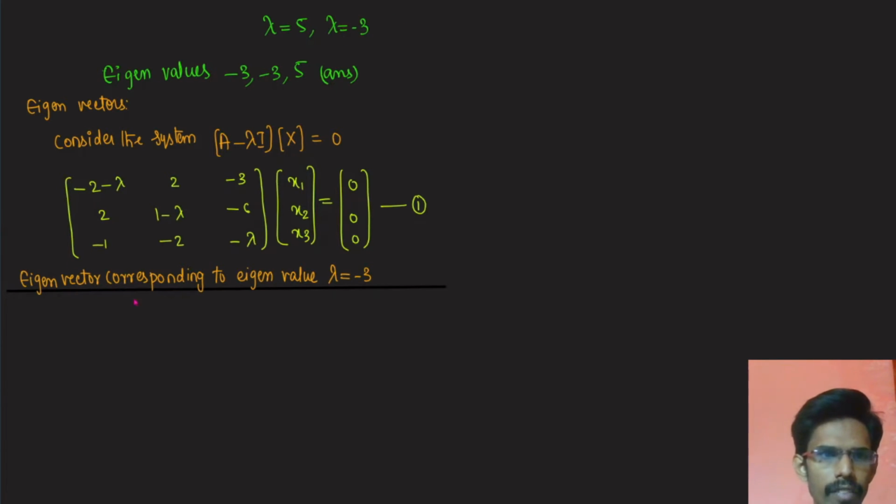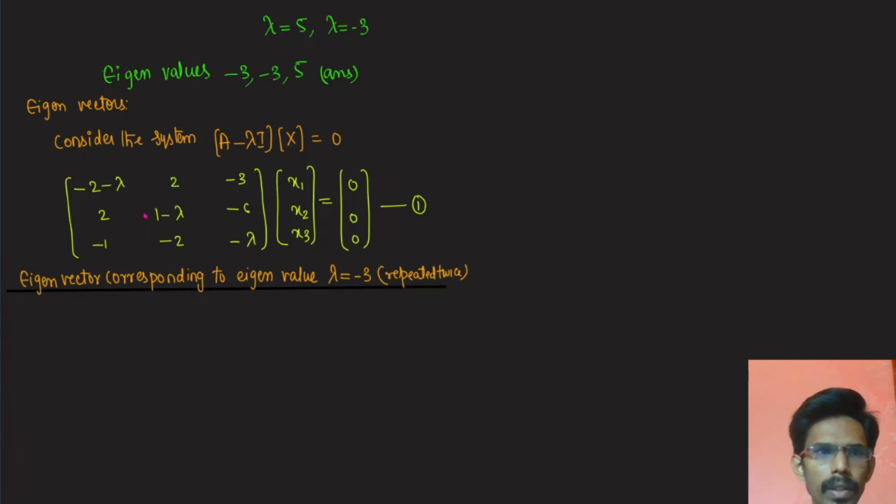We want the eigenvector corresponding to eigenvalue lambda equal to minus 3. Here minus 3 is repeated twice. Now to get that, put lambda equal to minus 3 in place of this lambda.